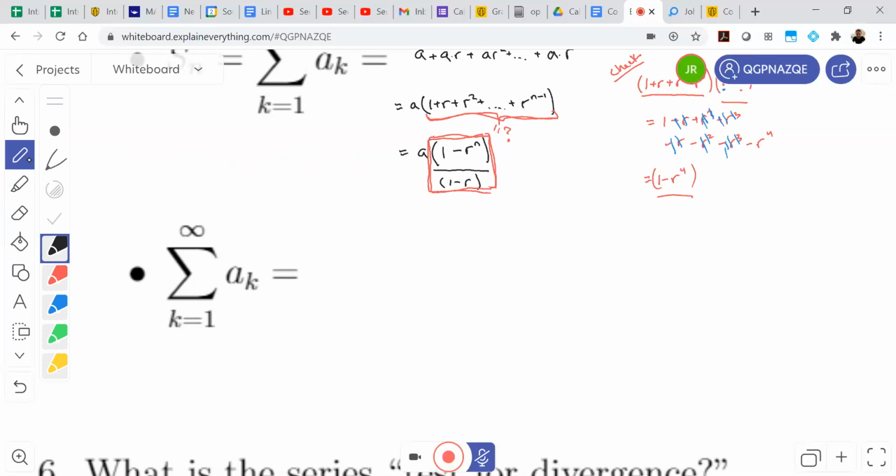So I'll say that this converges if the limit as n goes to infinity of S sub n converges.